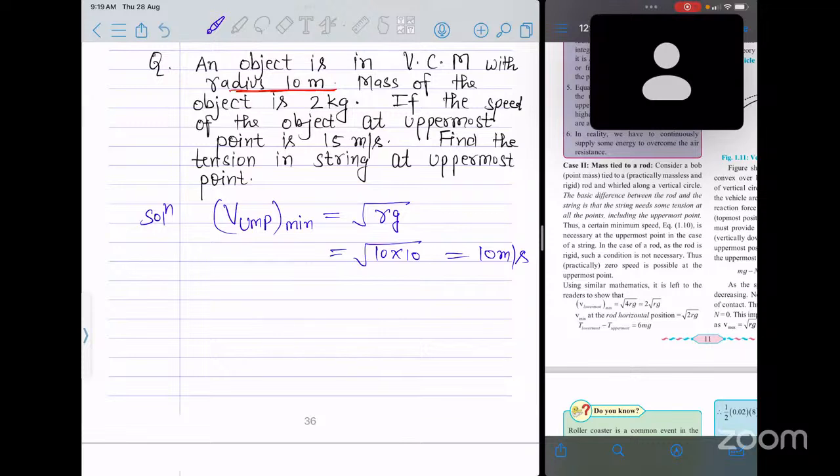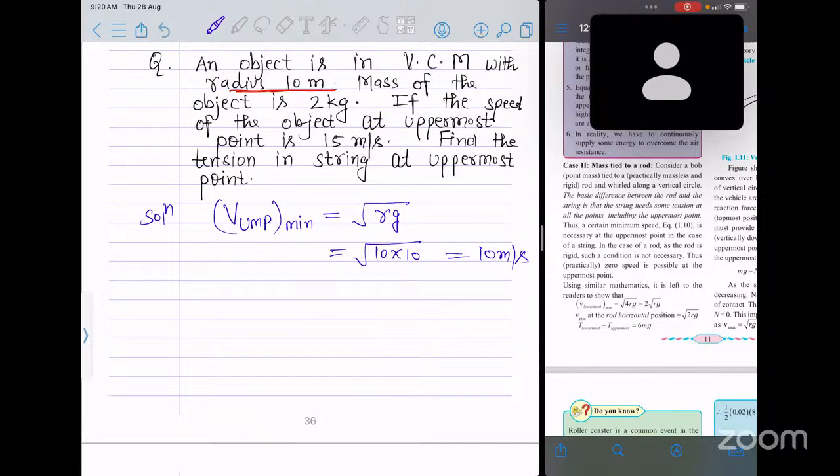If object has 10 meter per second at the uppermost point, in that case, we will say tension at uppermost point is 0. But I have clearly given you the speed at uppermost point. If the speed is 15 meter per second, which is greater than the minimum possible speed, it will not have 0 tension.